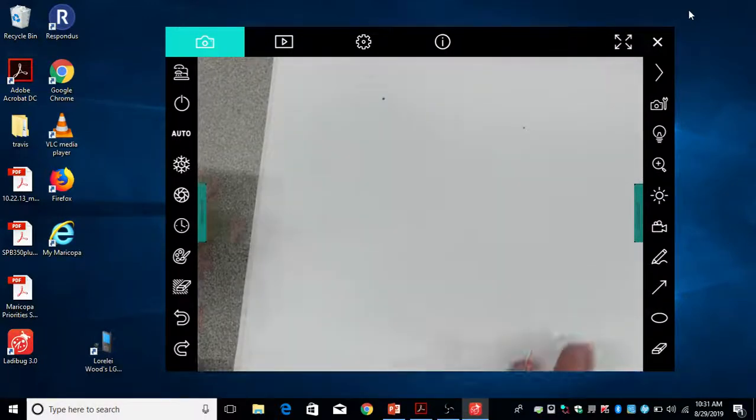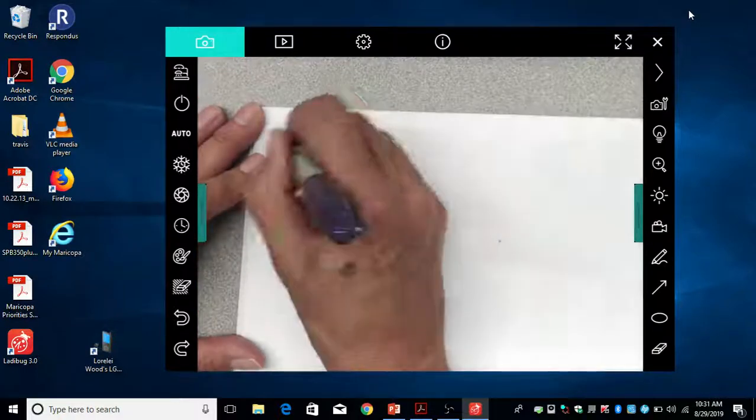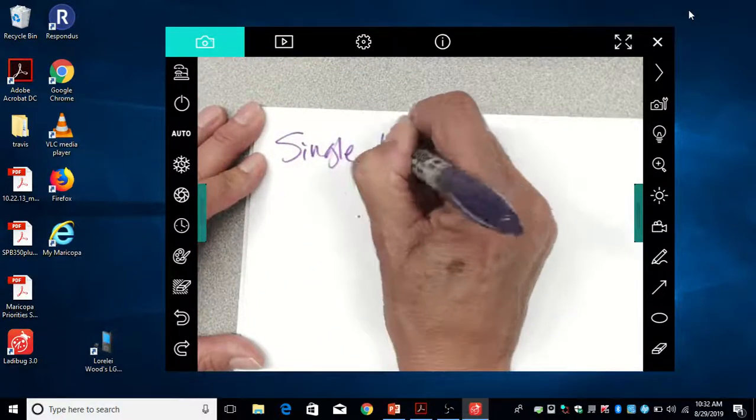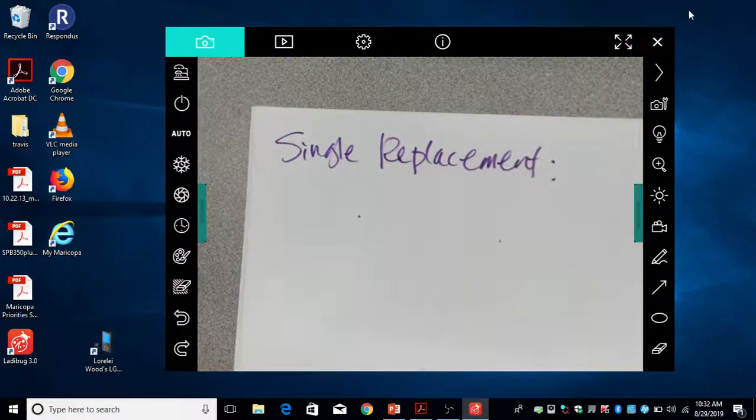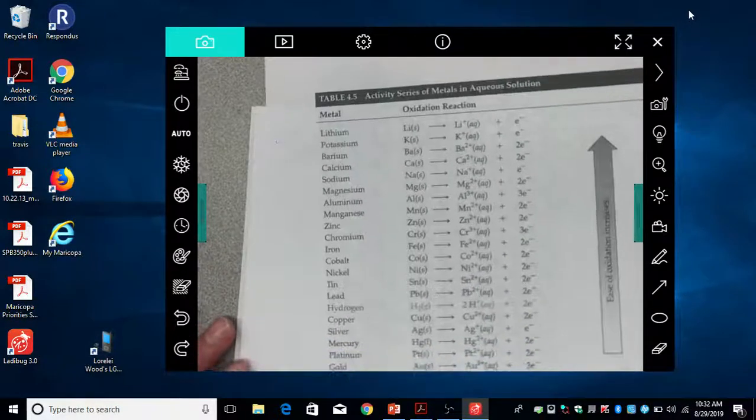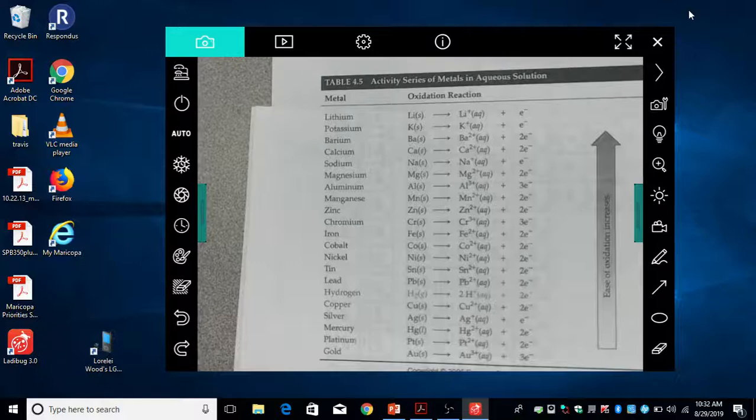Okay, so now we need additional resources. And the additional resource we need is the activity series, which I did hand out to you guys today. This is a depiction of a whole lot of metals, and it does include hydrogen. Hydrogen's up there, isn't it? Yes, okay.